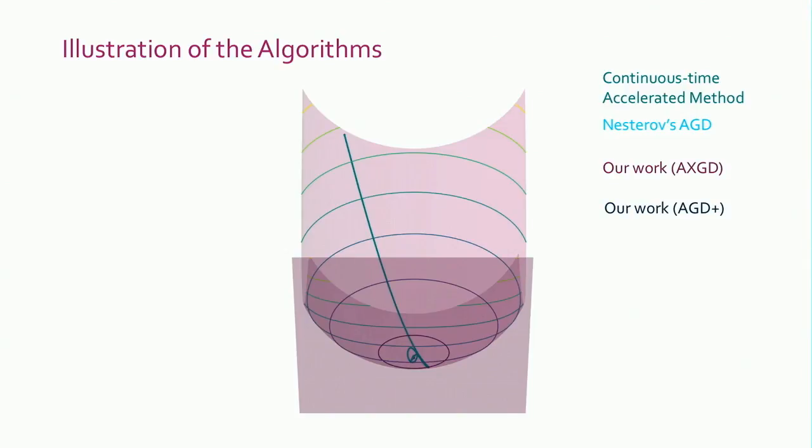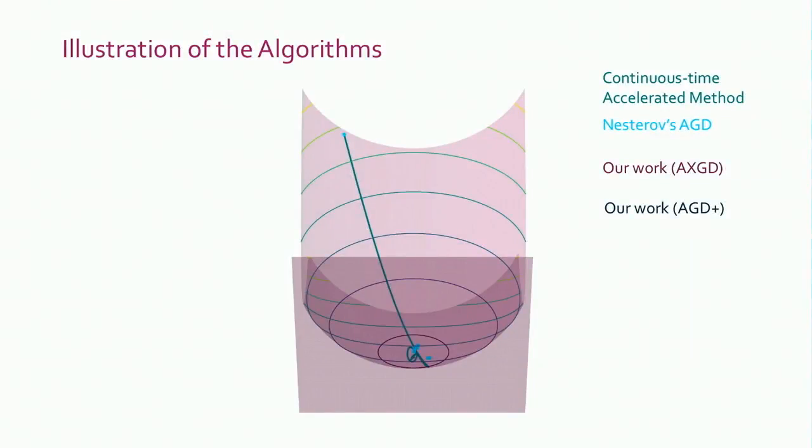Now, if you have seen any numerical analysis, what do you expect will happen when we discretize? Do you expect these methods to follow this continuous time dynamics closely? Depends how well we discretize. Okay, let's see. So this is Nesterov.